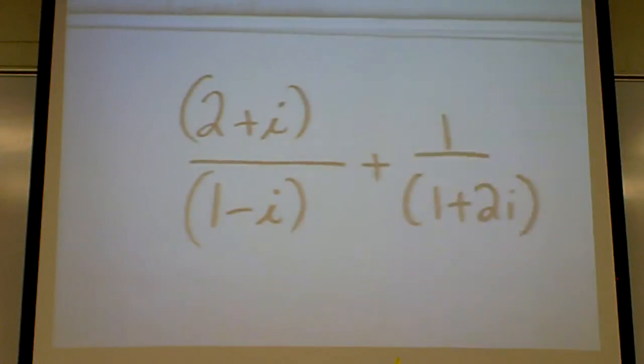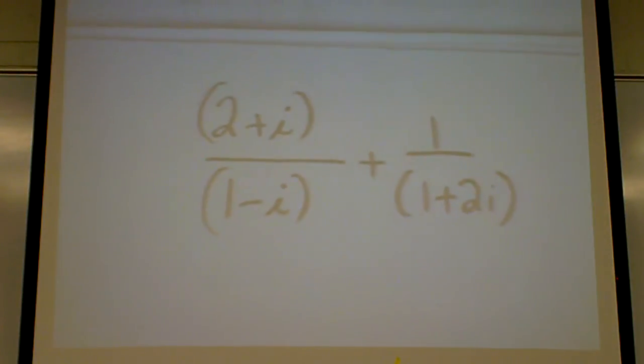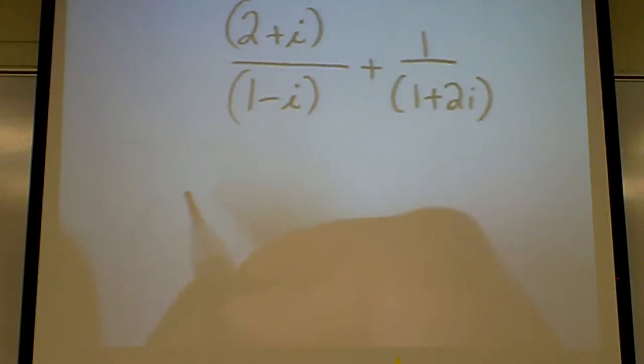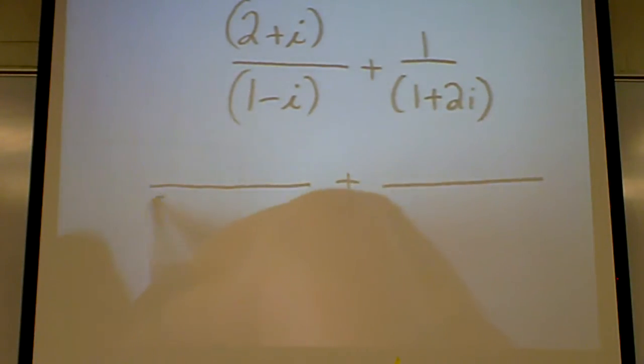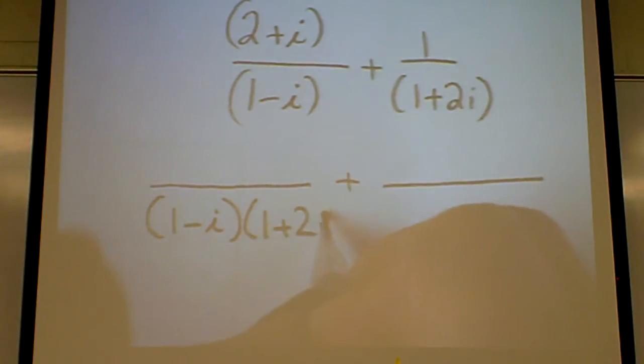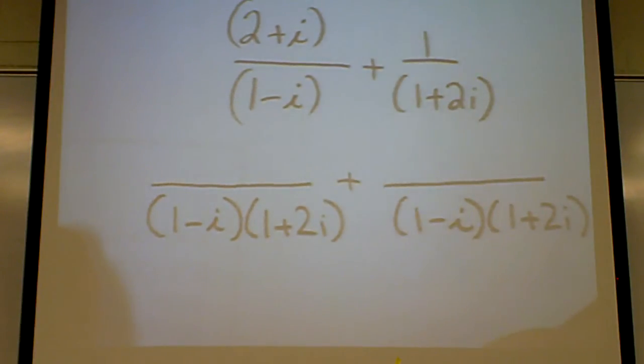Okay, that's your original problem. Now what you're going to do is your common denominator is 1 minus i, 1 plus 2i. One of these will be on your test. It's a doozy.